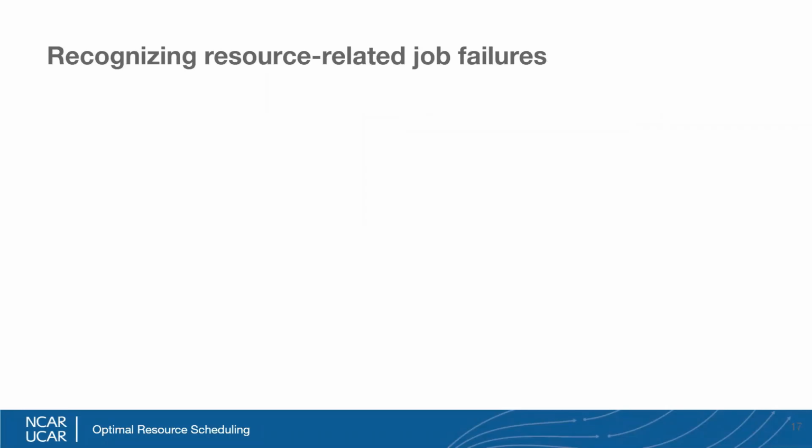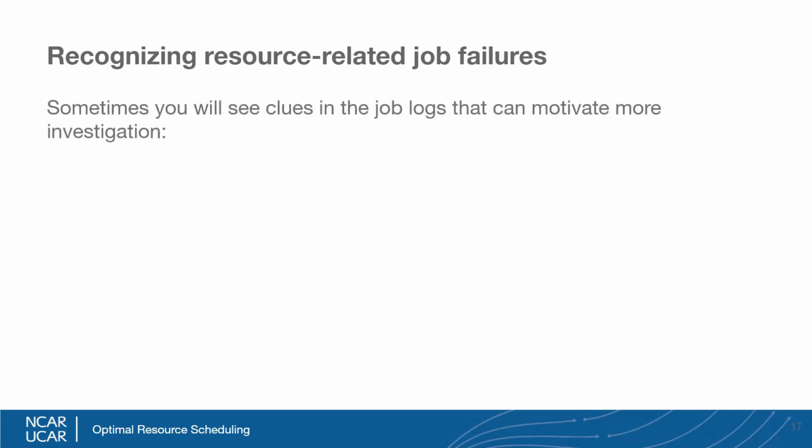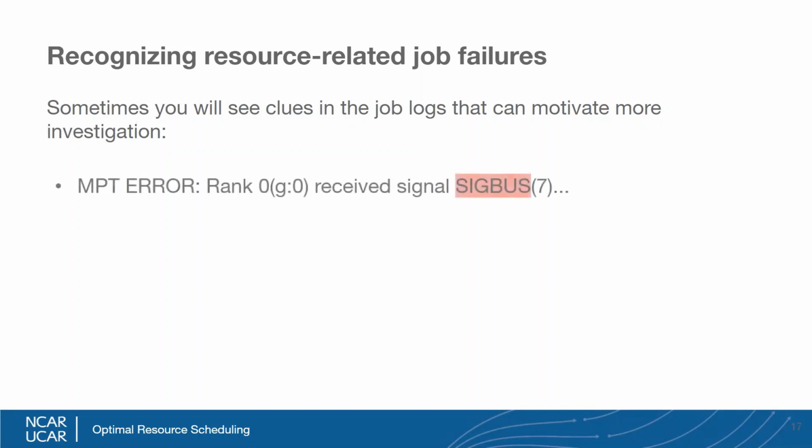Okay, so this is how you can query information about the resource usage. Another useful thing would be recognizing resource-related job failures. Sometimes you'll see some clues in the job logs that can motivate some more investigation. One example that we see fairly often, oftentimes it'll get reported by MPT on Cheyenne, the MPI library, is if you see something that says SIGBUS.